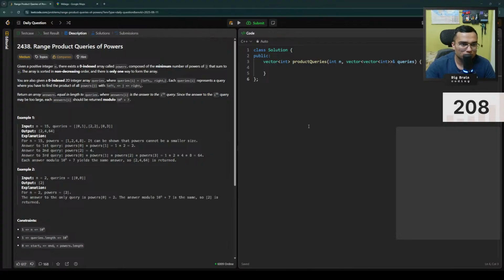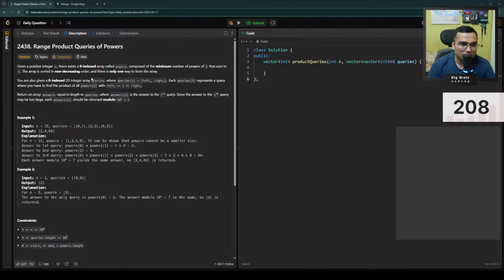Given a positive integer n, there exists a 0 indexed array called powers, composed of the minimum number of powers of 2 that sum to n. The array is sorted in non-decreasing order, and there is only one way to form the array.